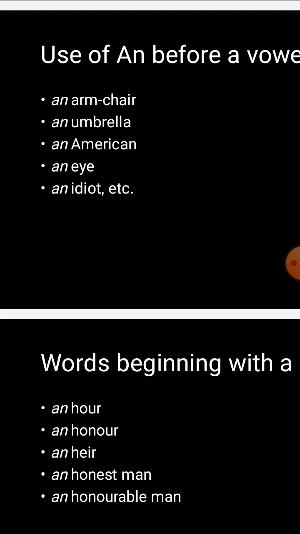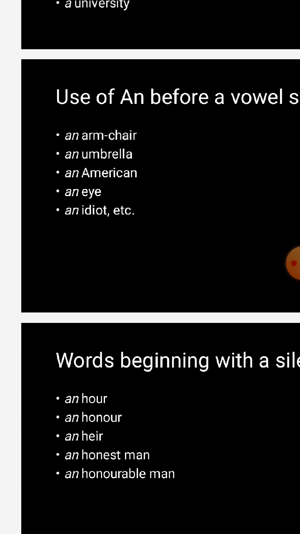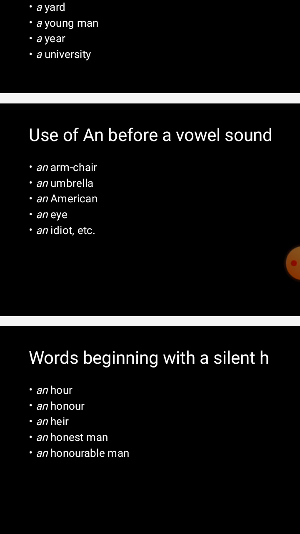Now, another thing we have to pay attention to is that the words beginning with a silent H, they take the article an. For example, an hour. H is silent here. So what is the sound that you hear? You hear the A sound. An hour.